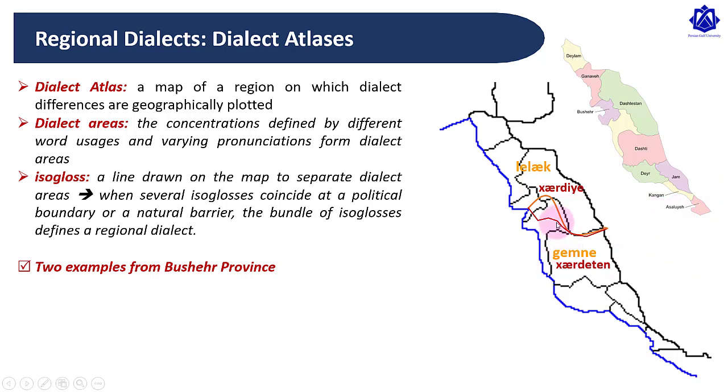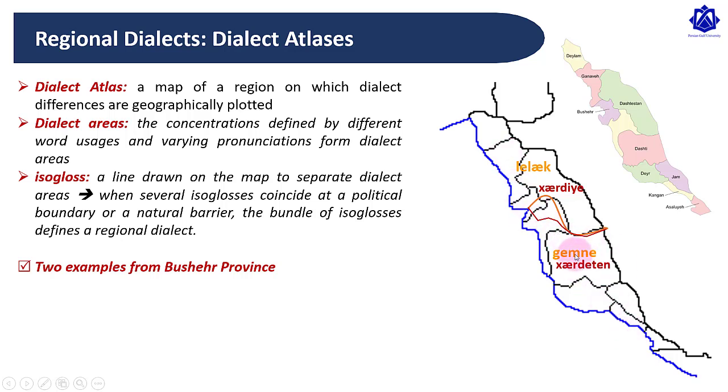However, close to this form we have another, but then that would be a very small area in which Borazjani is spoken and some nearby places. And also there are some Turkish dialects and also Arabic dialects that we have not considered here.